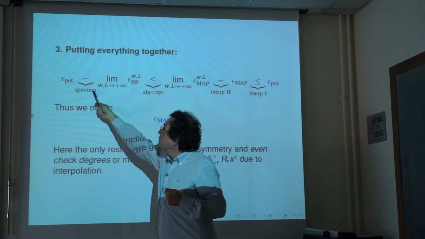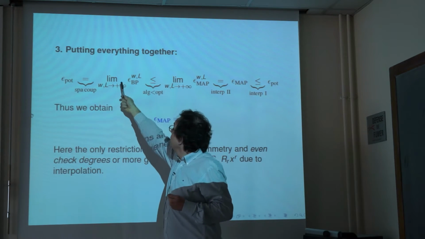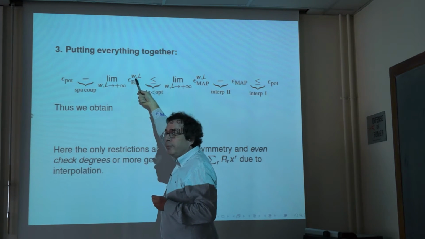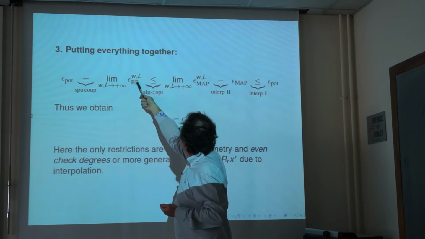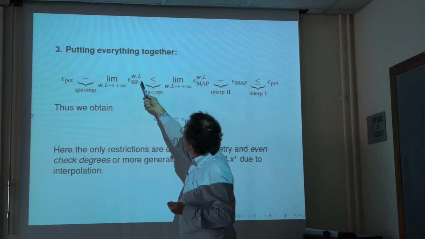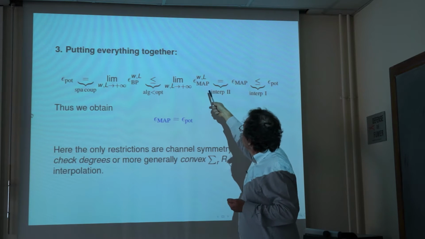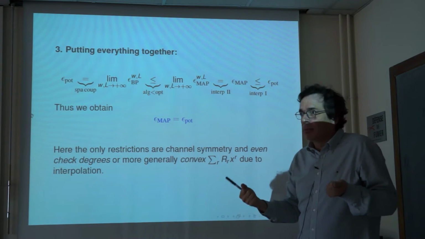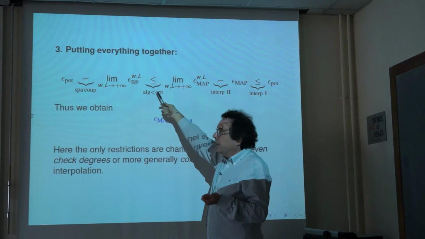That's where spatial coupling is used as a proof technique. So here we go to the complex plane, if you wish. I know this BP threshold, algorithmic threshold of the coupled system is smaller than the optimal MAP threshold of the coupled system. So that's trivial.